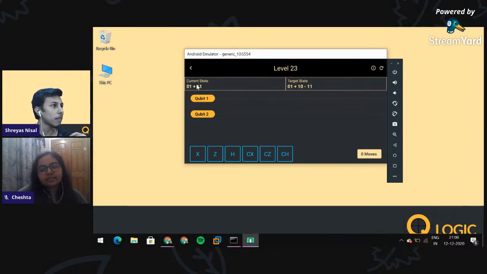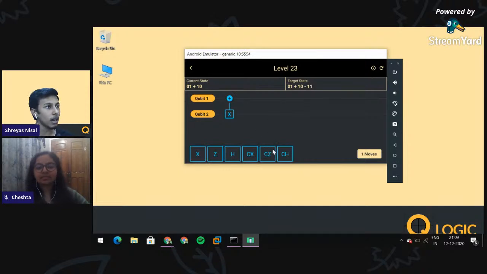So I already have a 0 1 on both my current and my target state. So let me try and get a 1 0 on the left. So what I can do is I could just apply a control X gate. So that does give me 0 1 plus 1 0. So I have this part right here, and now I need the 1 1.